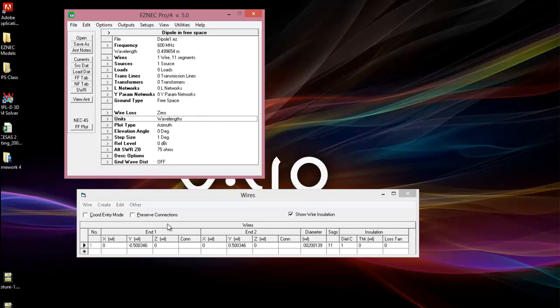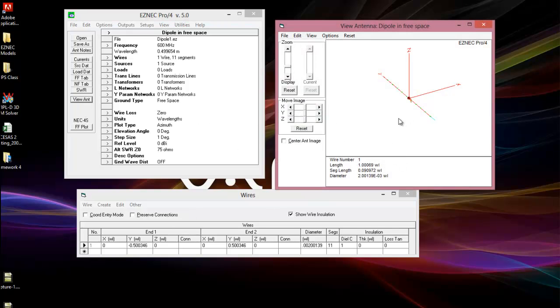Now we are ready to enter our geometry. Let's look at the antenna. View antenna. As you notice, the dipole is not along the X axis.